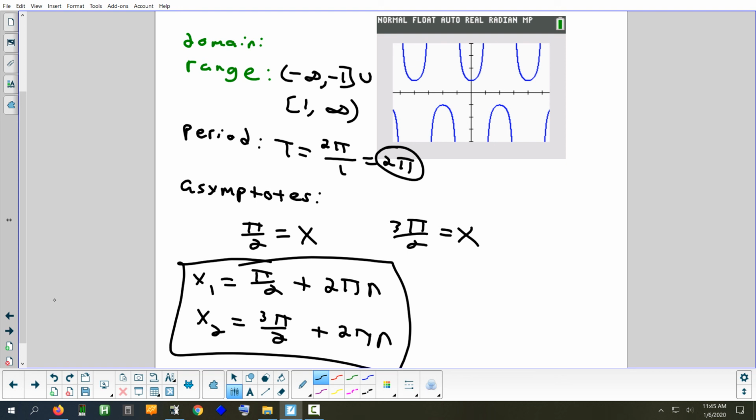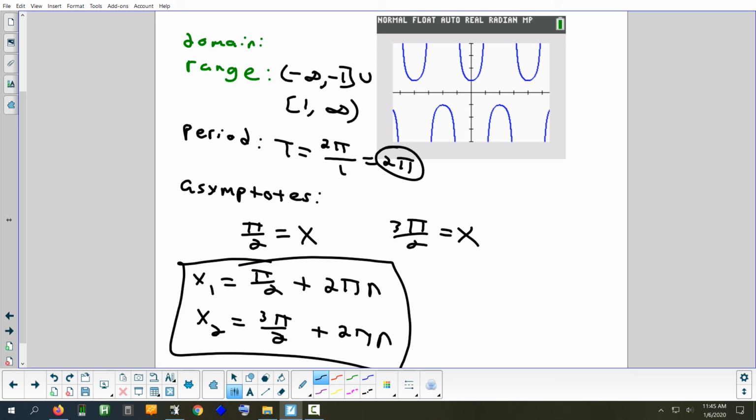The domain is all x values except when y is an asymptote. So the domain is all reals except these values. Because these are asymptotes, you're not allowed to plug those in.